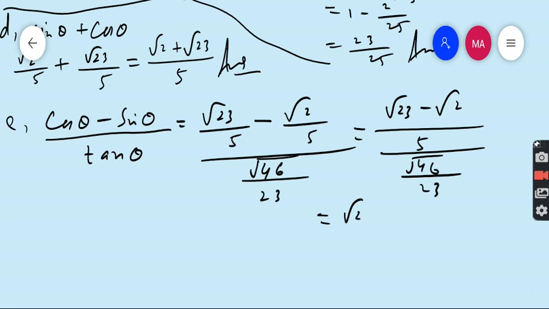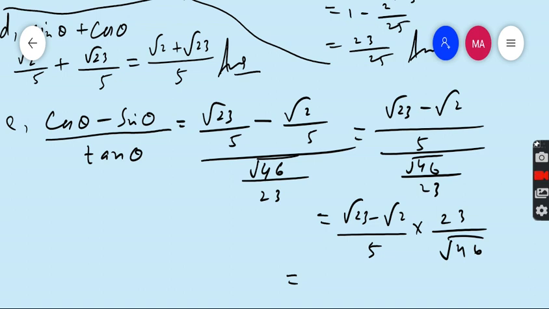Simplify it. Root 23 minus root 2 upon 5, multiply 23 upon 46 root.